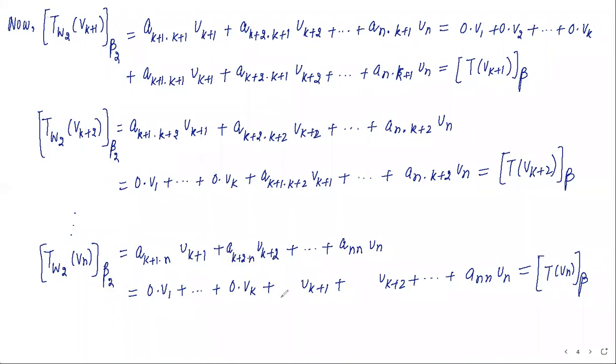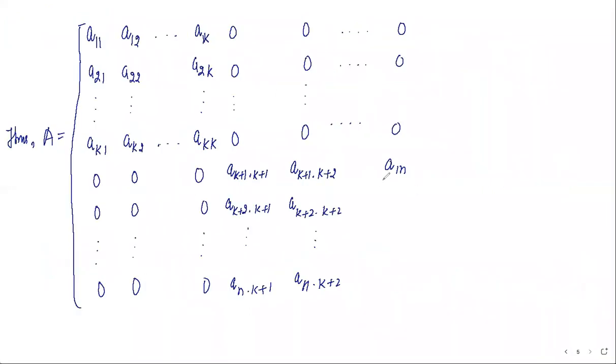So here it is a(k+1)n, then a(k+2)n, and up to ann. So this is A. Therefore this first one is a(k+1)n, this is a(k+2)n and so on, and this is ann.